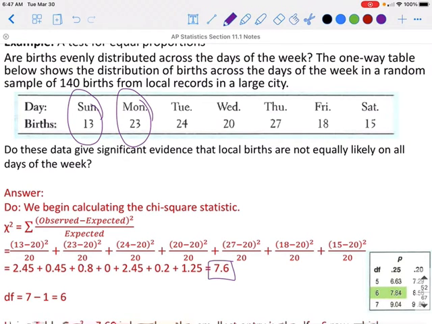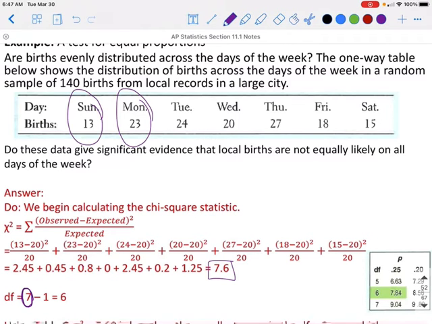Now we need to find our degrees of freedom. To do this, you figure out how many categories you have minus 1. Since there are 7 days of the week, there are 7 different categories, so 7 minus 1 gives us 6.